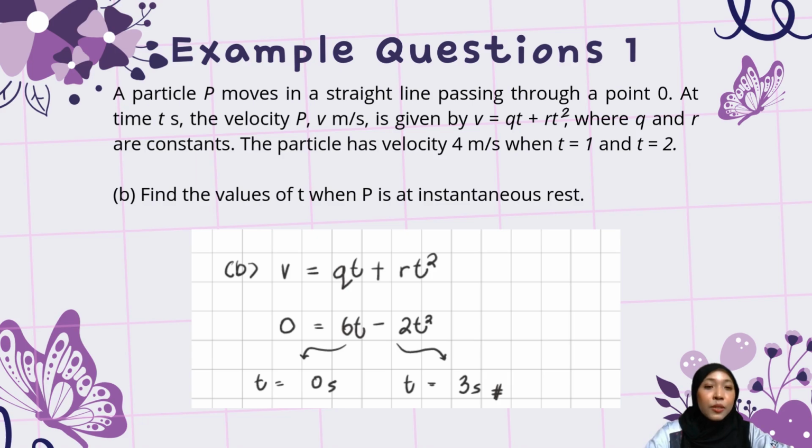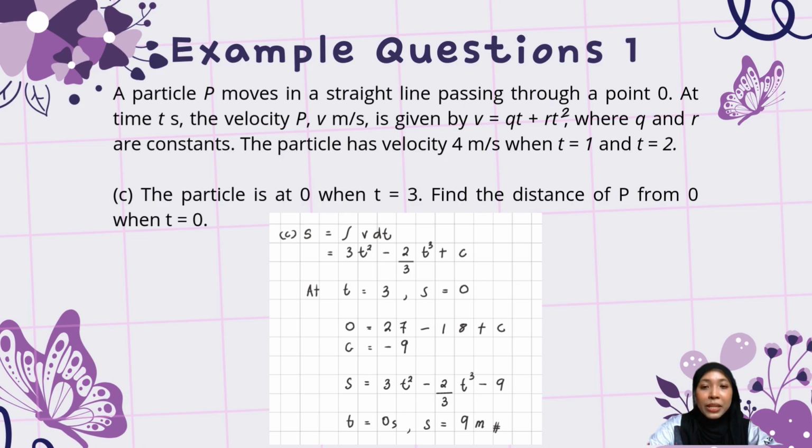When the particle is at rest, the velocity becomes zero. So we put zero for v, equal to 6t minus 2t squared. We solve this quadratic equation and we get t equals 0 seconds and t equals 3 seconds.